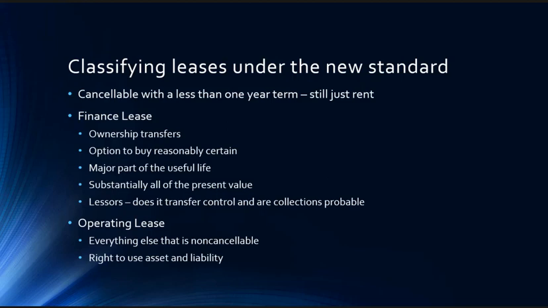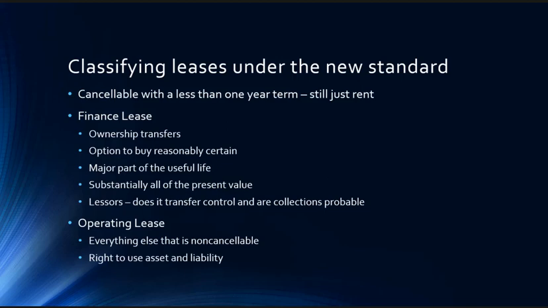So under the new standard, they carved out an exception to the lease standards with regard to anything that was cancelable with a less than 1 year term. So a month-to-month rent arrangement that you might be familiar with would not be a lease because it's cancelable with 30 days notice.